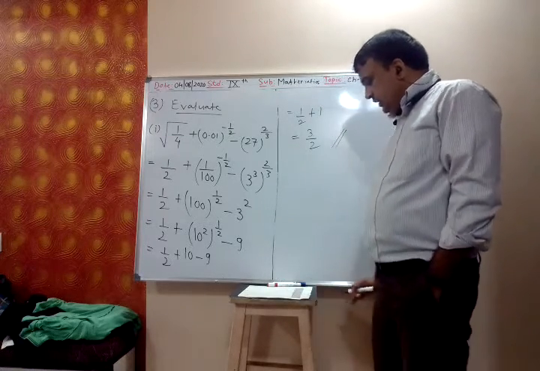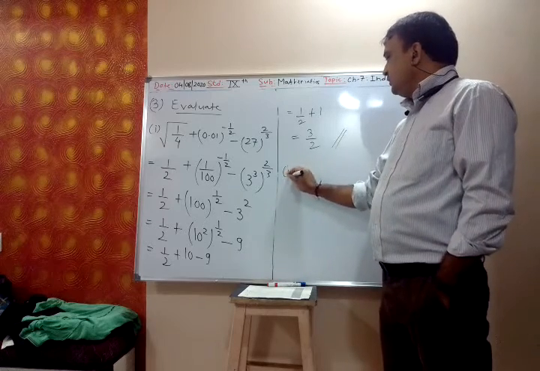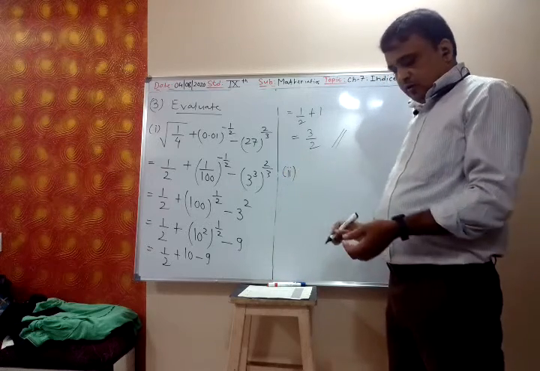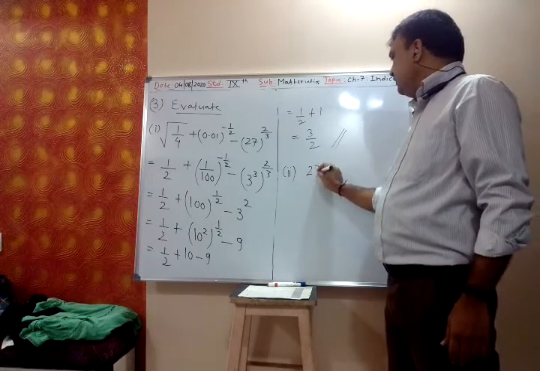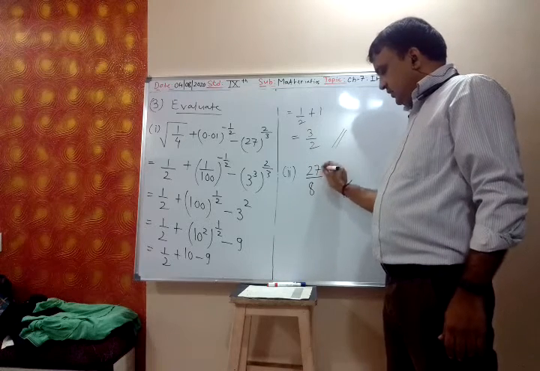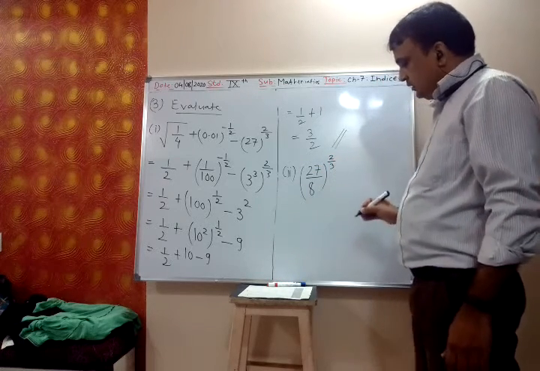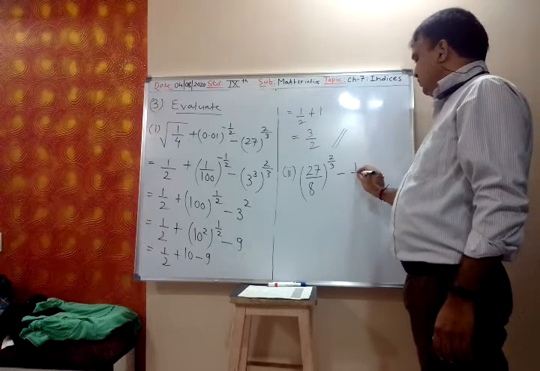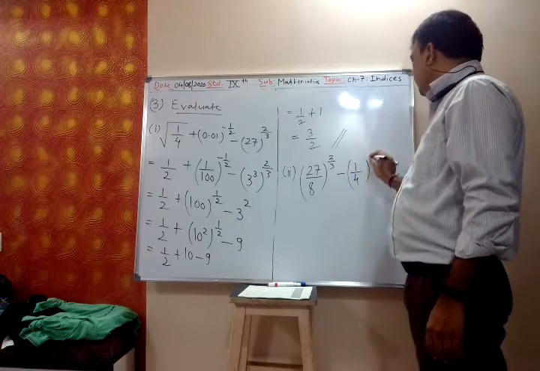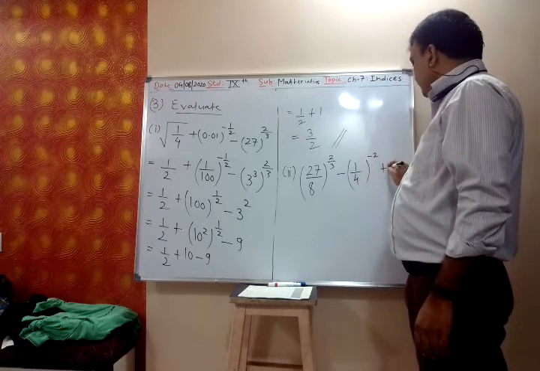Now in a similar way, the second is there. Second: 27 by 8 raised to 2 by 3, minus 1 by 4 raised to minus 2, plus 5 raised to 0.